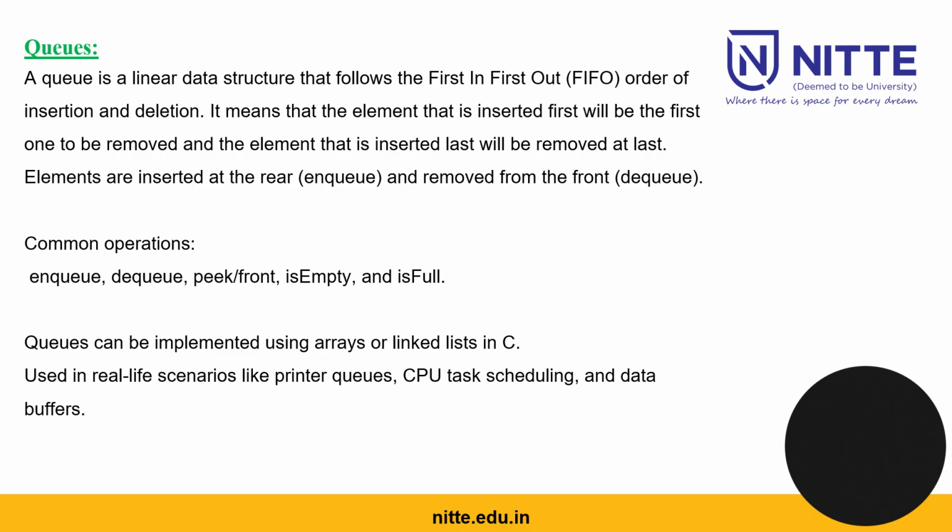The common operations in queues are these: first one is enqueue, second one is dequeue, third one is peek or front, and isEmpty and isFull. So these are some common operations that we are going to use in this queue.